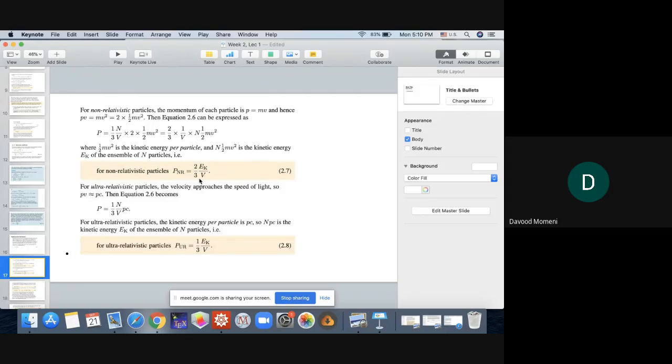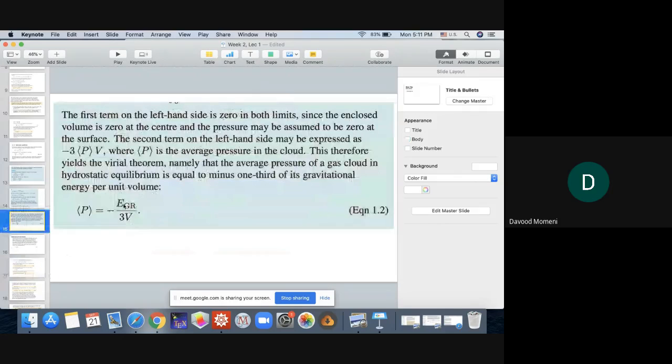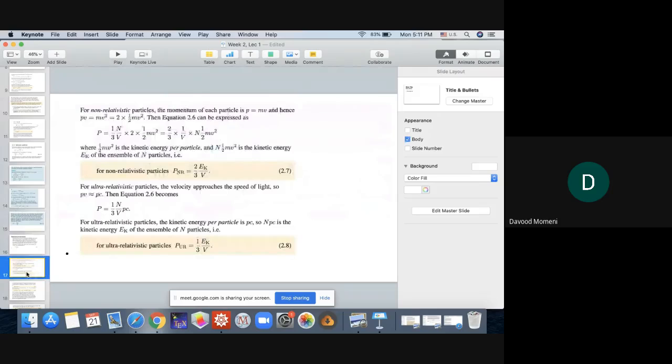And when we say relativistic, what kind of relativistic do we mean? For example, the particle could be very, very fast. This is called ultra-relativistic. They are almost like a photon, but they have a little mass, like neutrinos. Or they could be totally slow and lazy, which we call non-relativistic. For both of them the pressure will be changed a little bit, and the expression we gave as the virial theorem, which is for a non-relativistic classical gas, will change if you consider particles like neutrinos or other fast particles.